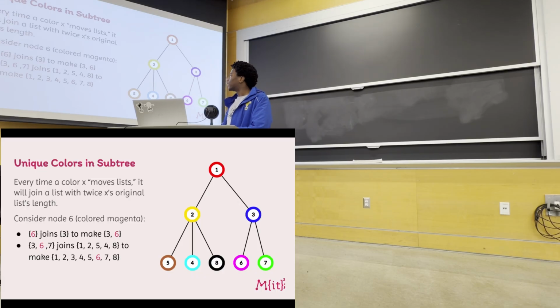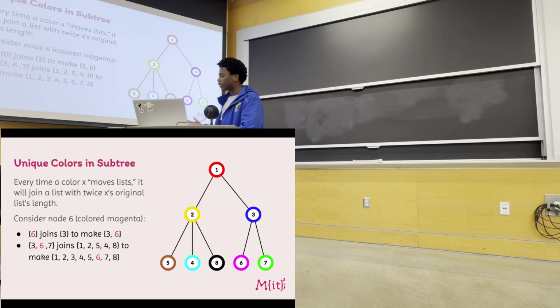But in actuality, it's better than this, because if you think about this from the perspective of the smaller list, the smaller list is joining a list that's like twice the size of the small list. And similarly to the merge by size that we saw for the disjoint set union, this means that for the colors within the smaller list, the bigger list that it joins has at least double the number of unique colors.